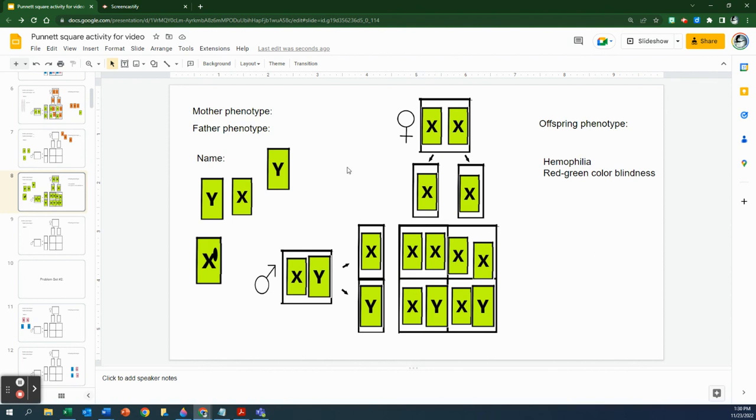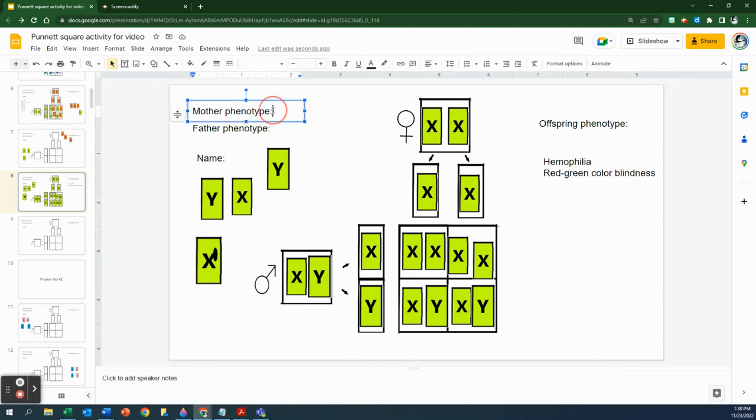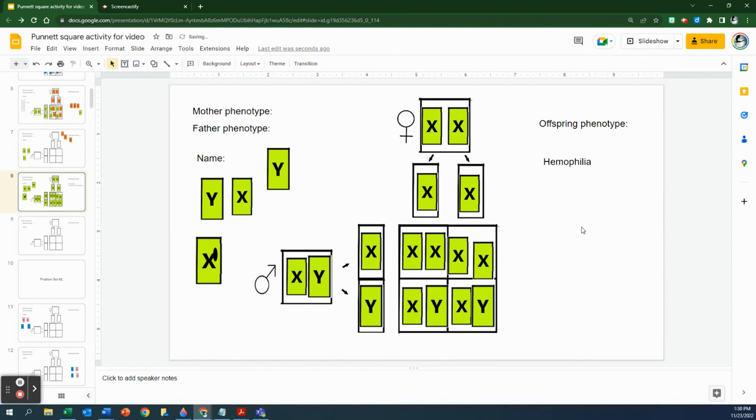So let's say, for example, we have a mother whose phenotype is that she is... we're going to take green color blindness off the thing. We're just going to talk about hemophilia here for a moment.